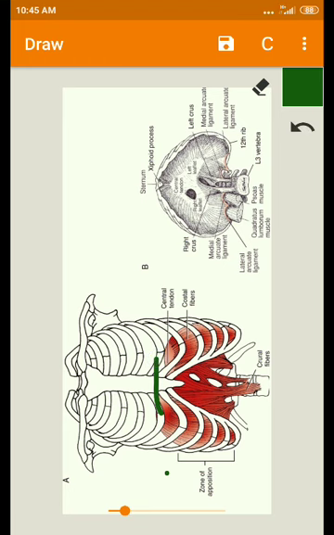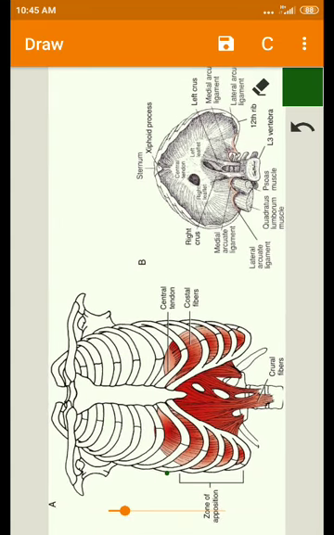This central tendon consists of two portions: the central portion, and two leaflets. On the lateral side you can see these two leaflets. It appears boomerang shaped, with the central portion and two leaflets.